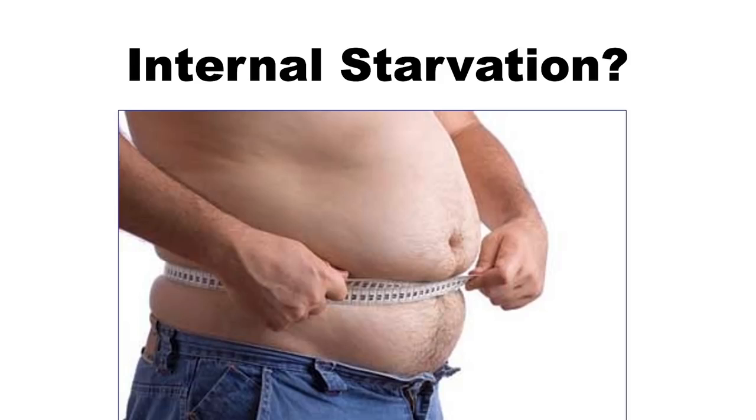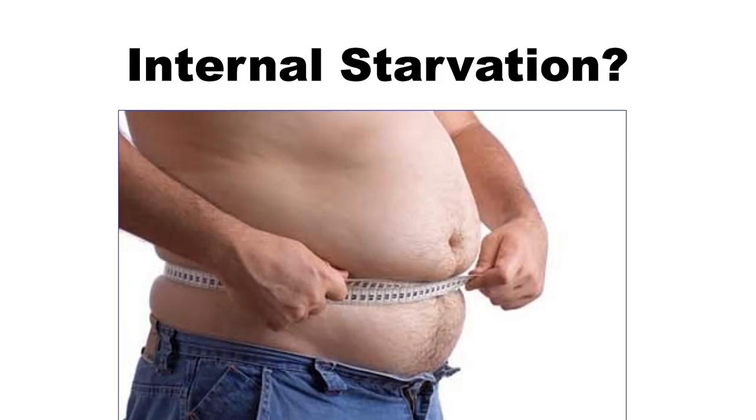But that's not typically what we see in type 2 diabetes. Instead, we see that people tend to have a lot of abdominal obesity, which is one of the features of metabolic syndrome, and we also see fatty liver all the time. So there's really no starvation that we can see.